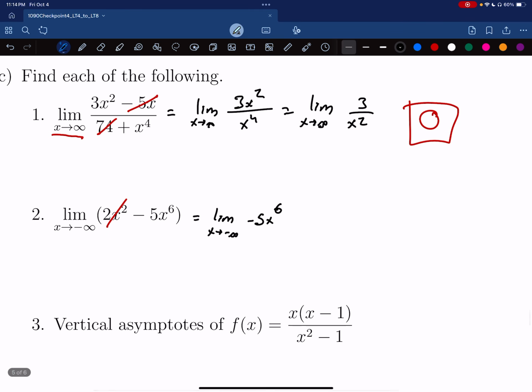If I think about plugging in negative infinity, which you can't really do mathematically, but if I just think about it, I'll have some negative to the 6th power, and since this is an even power, I end up with a positive. But then I'll have a negative times a positive, so I will get a negative. So that basically means this is going to be approaching negative infinity.